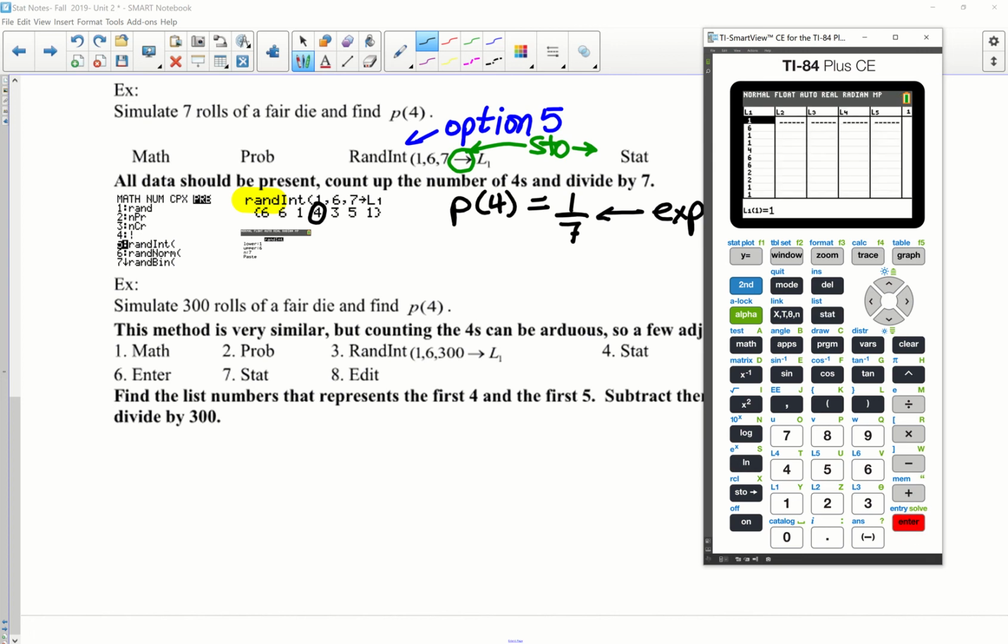Stat, edit. And now you can see all those values are stored in L1. So you're hitting stat and then edit, the red one.